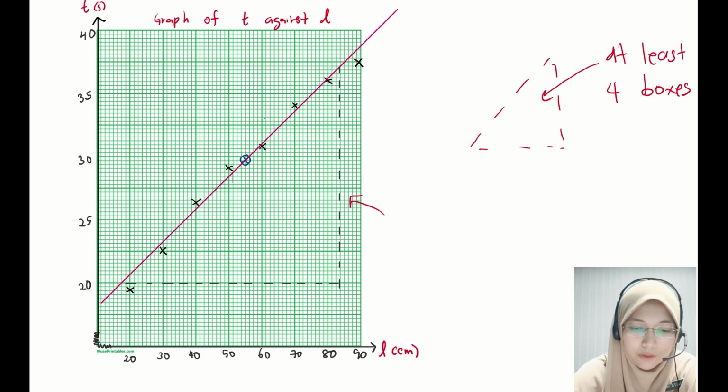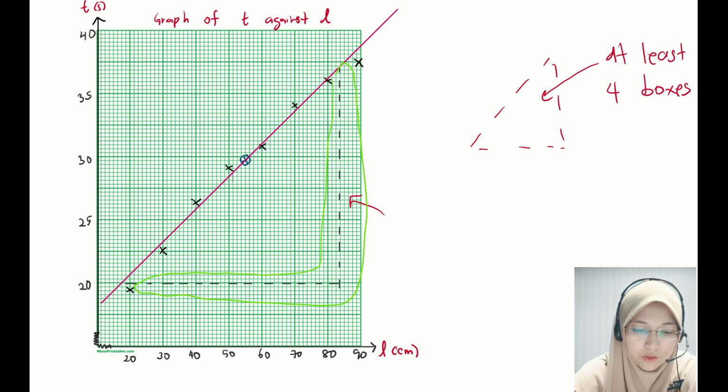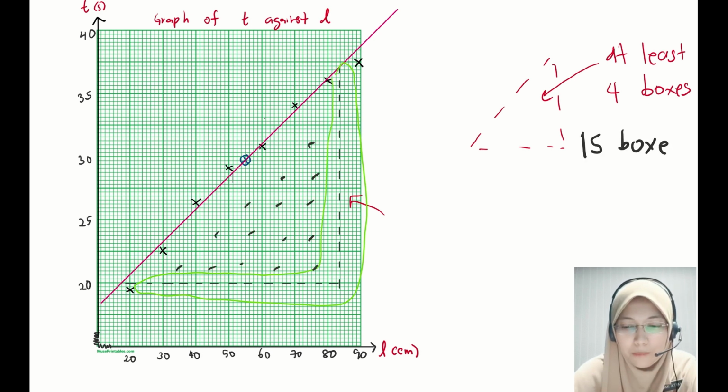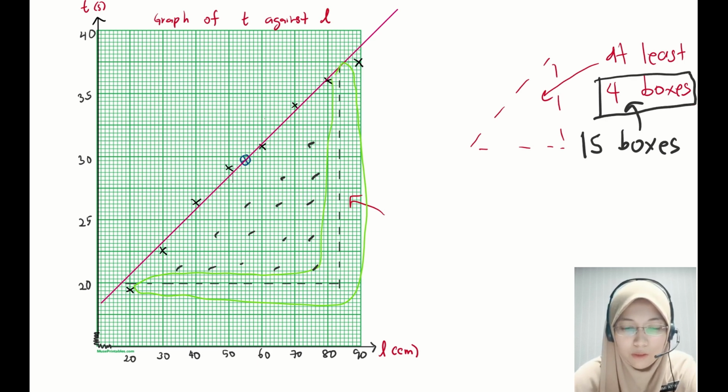So I've drawn my triangle here. Inside my triangle, I have far more than 4 boxes, 15 complete boxes. So it obeys what is supposed to be done. The size of the triangle is supposed to have more than 4 boxes. You have to obey that.